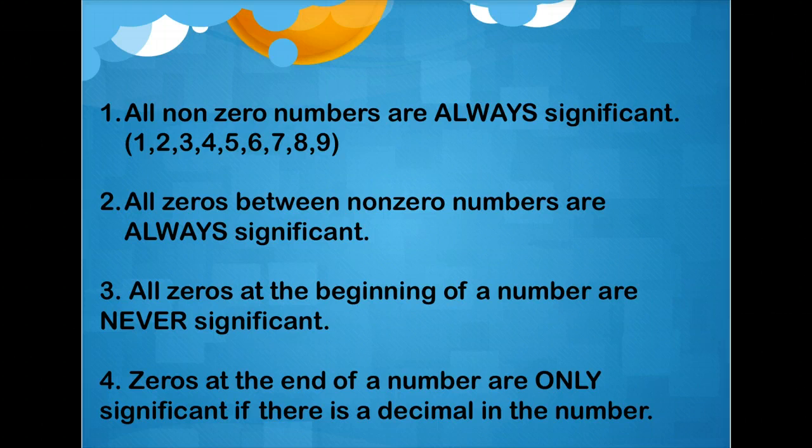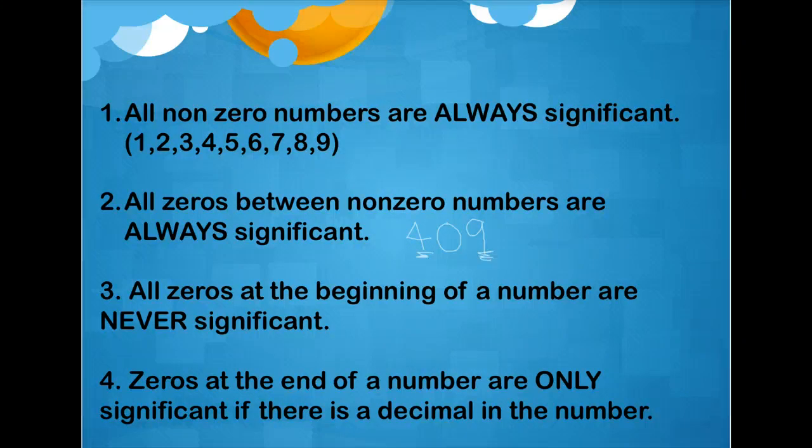So if you have a number 4, a number 0, and a number 9, well, that 0 is significant because it's between non-zero numbers. It's between the 4 and the 9. So it's always significant.